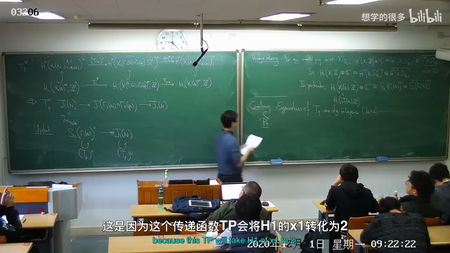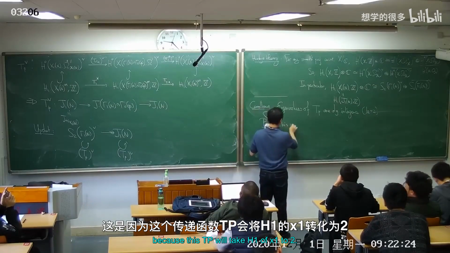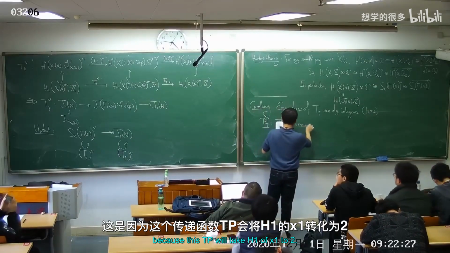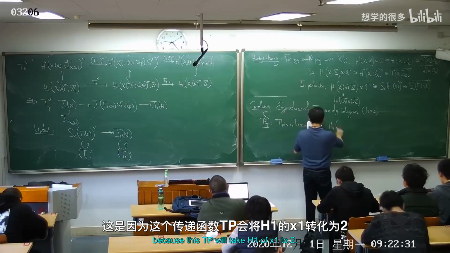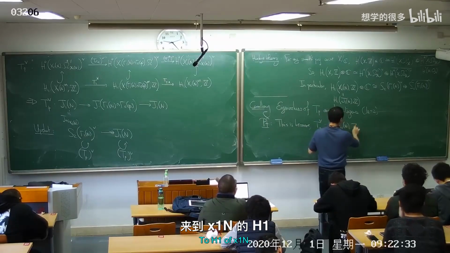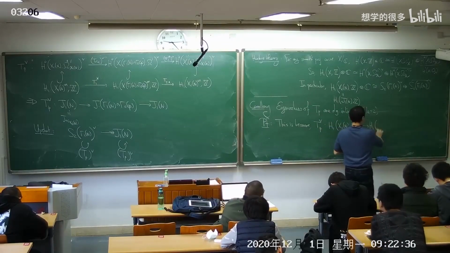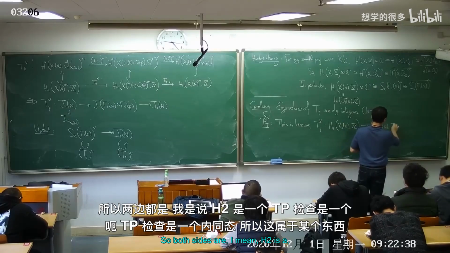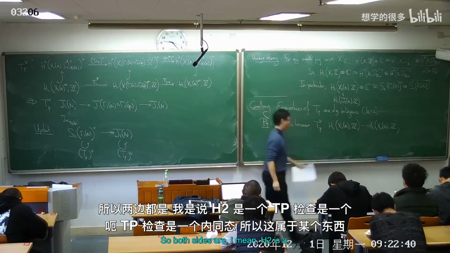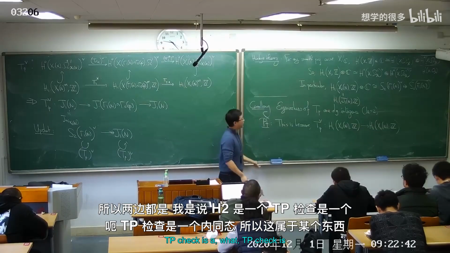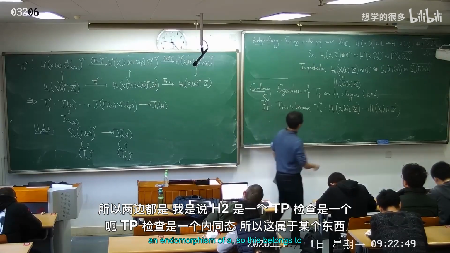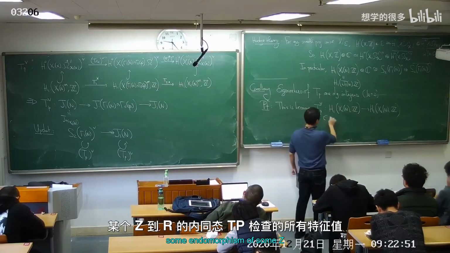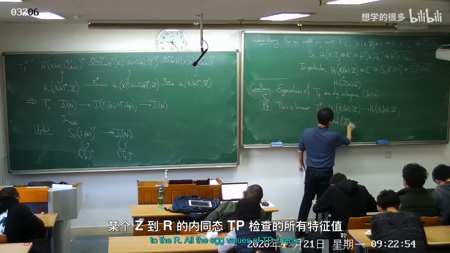This is because T_p check will take H1 of X1(N), Z to H1 of X1(N), Z. So T_p check is an endomorphism of a lattice, so this belongs to some endomorphism ring of Z^r.